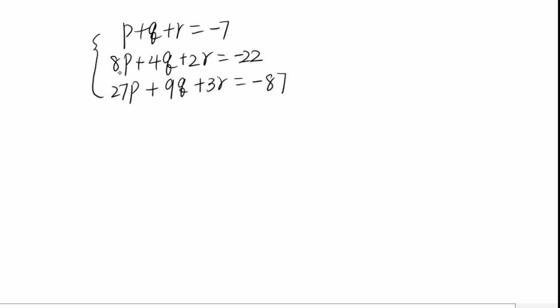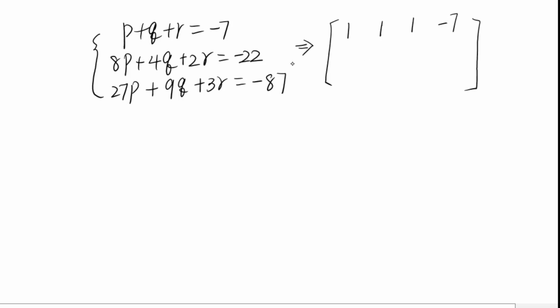I will show you how to use the matrix to solve this 3 by 3 system of equations. First of all, we need to change into matrix. PQR, the coefficient is 1, 1, 1, then negative 7.